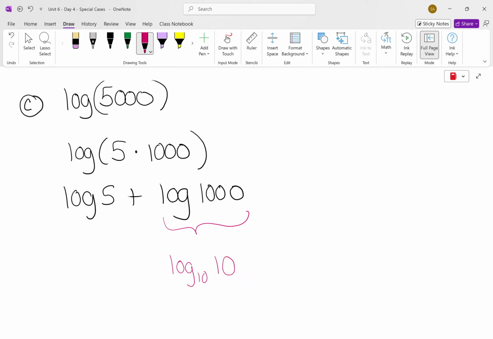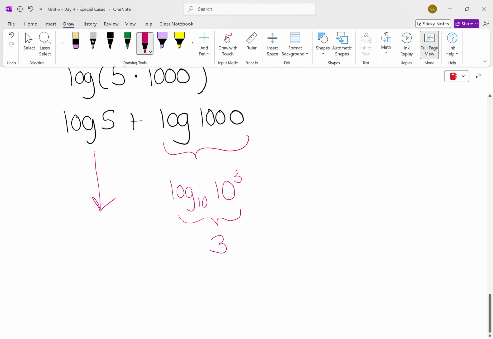You can make it have an exponent. Our log has a base of 10, and then I can make 1,000 into a base of 10 raised to what power? 3, right? 3 zeros. So what does this simplify down to? 3. And then what about log of 5? C. So we're just left with C plus 3.